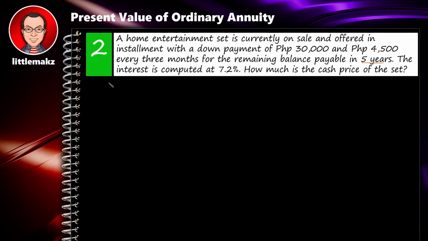First, you have to take note that the cash price or cash value is equal to the down payment plus the present value. Okay, here is your cash value and here is the down payment and this is the present value.